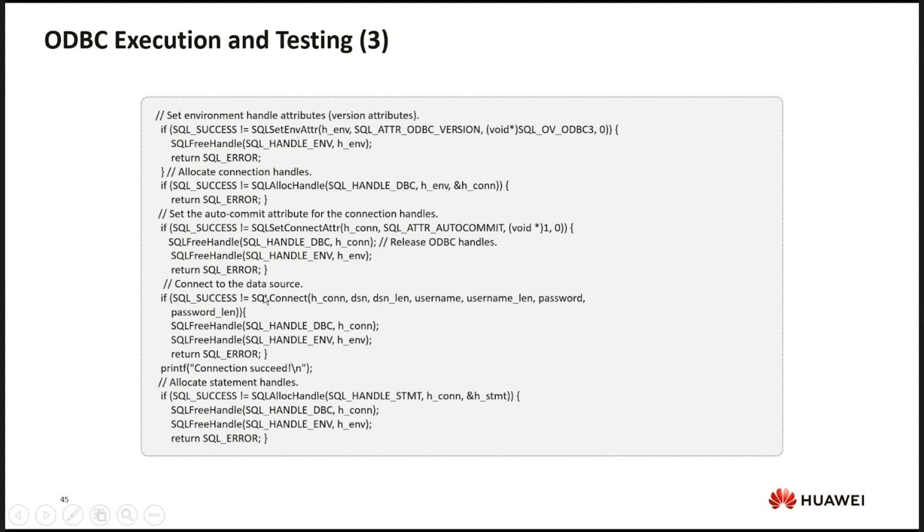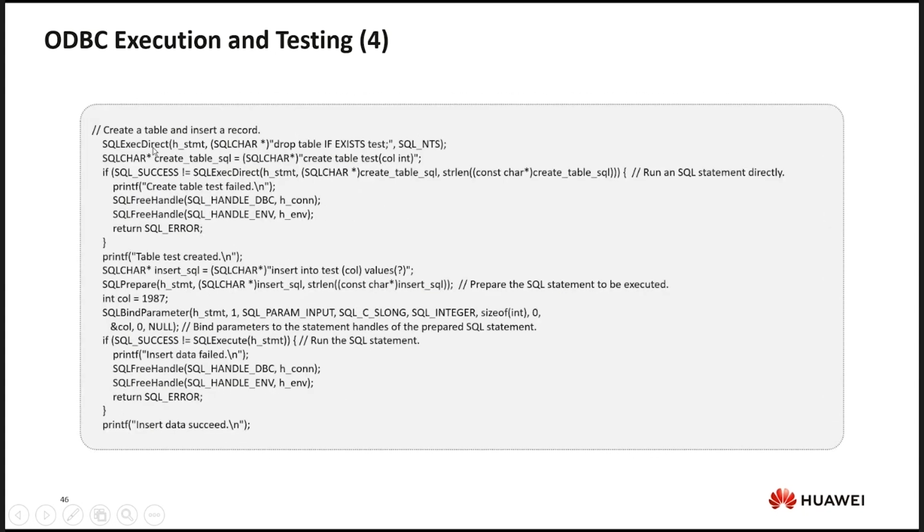Here you get your connection. Then you still need to use SQLAllocHandle to allocate the statement handle. Then you can execute your SQL with SQLExecDirect. Here is an example for static SQL.